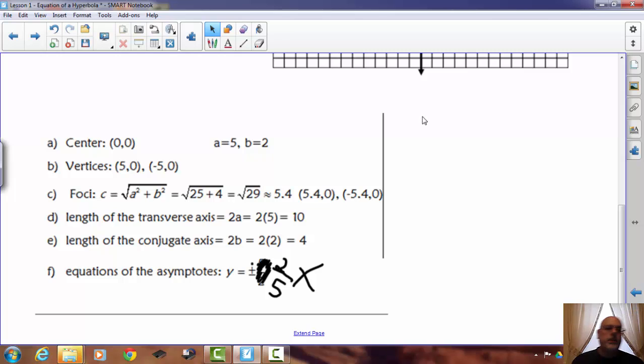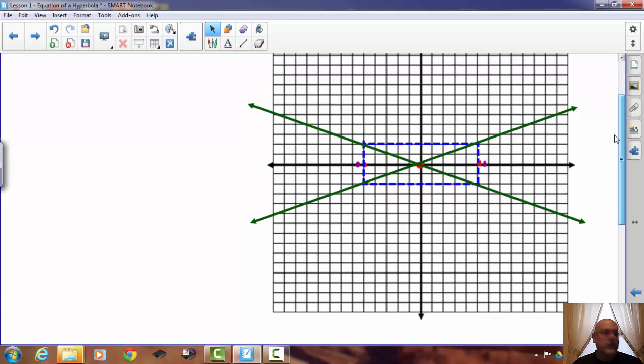So the only other thing that we need to look at is drawing the hyperbola. So this is going to be an adventure. Let's try this again. I tried it a couple of times drawing it by hand. Let's see if I can do this now.